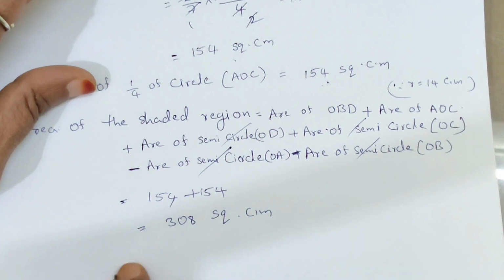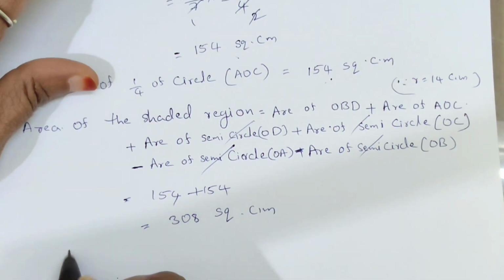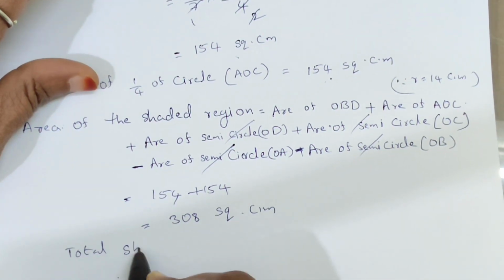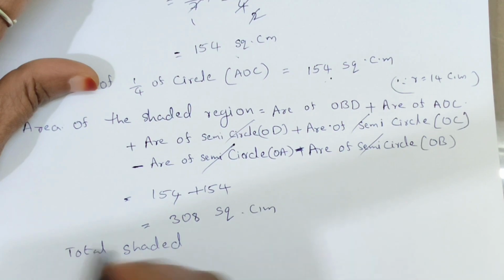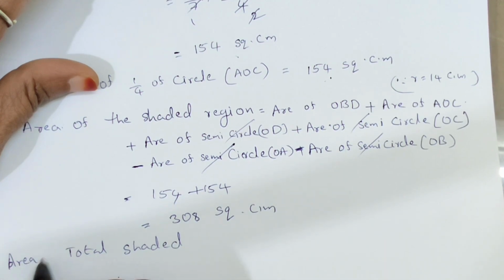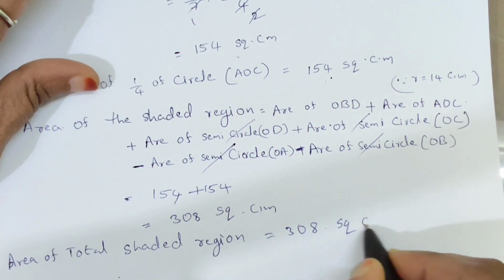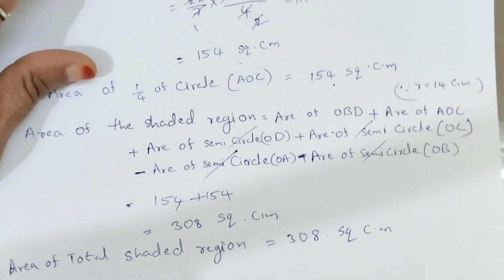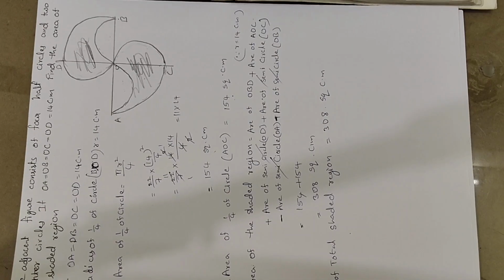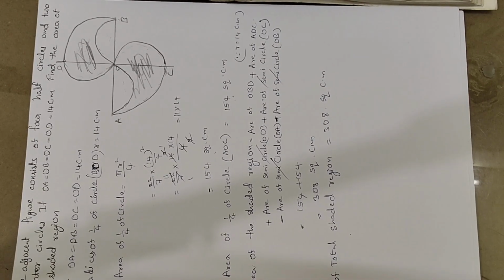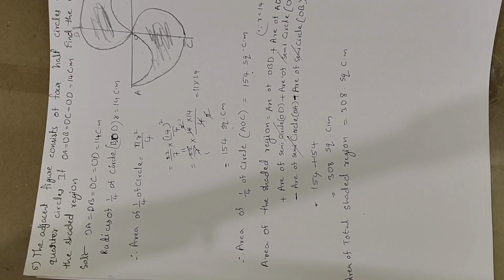The area of the total shaded region is 308 square centimeters. This is the complete fifth question answer.